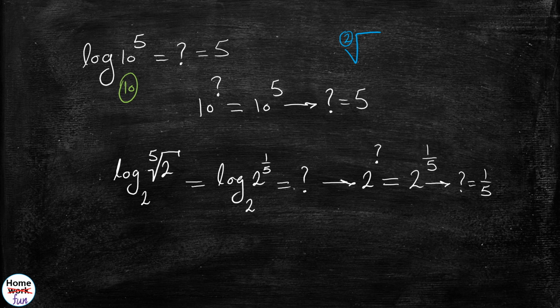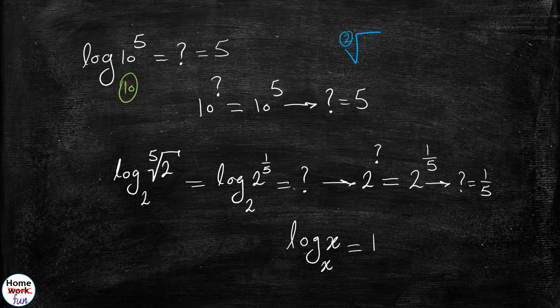And in fact, as a rule of thumb, always when you have log of something that is equal to the base, for example, you have log of x and the base of the log is also x, that always equals 1. When the base and what's in front of the log are the same, the answer is 1.